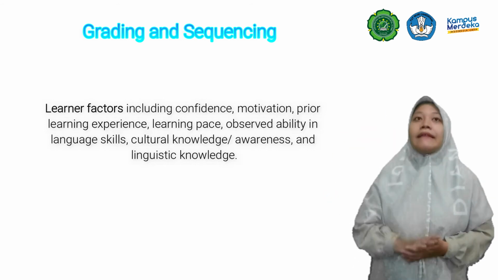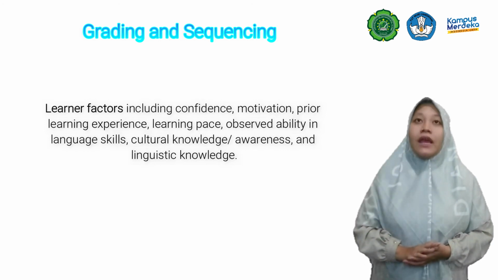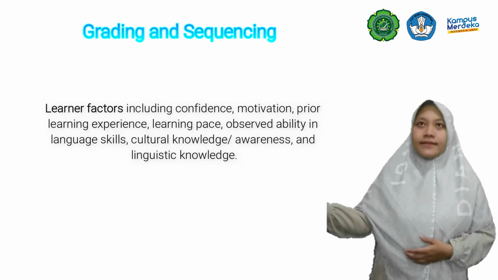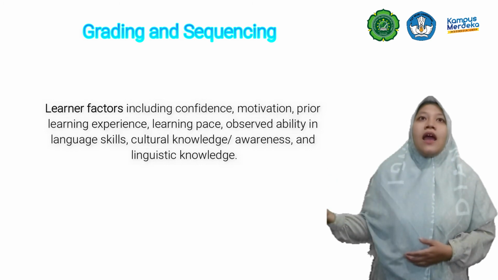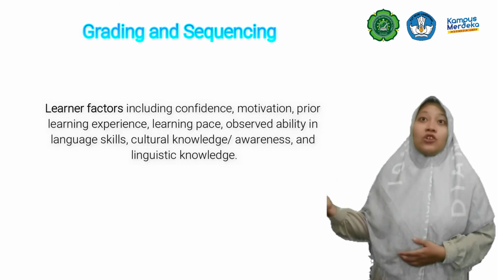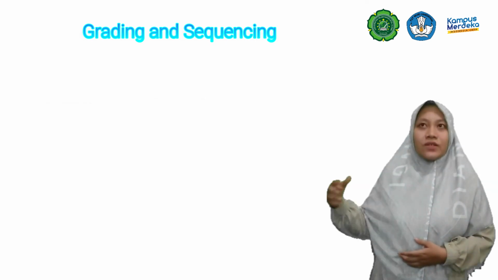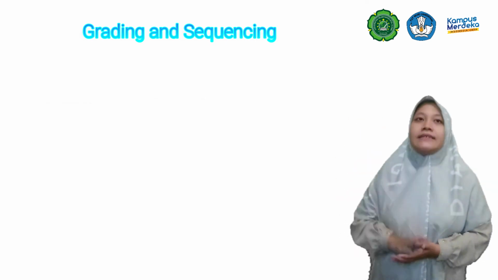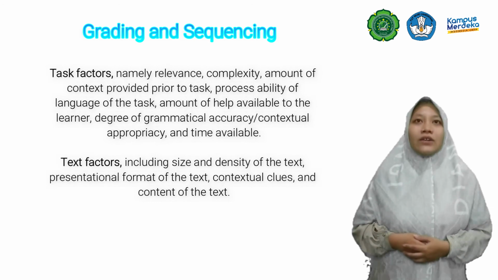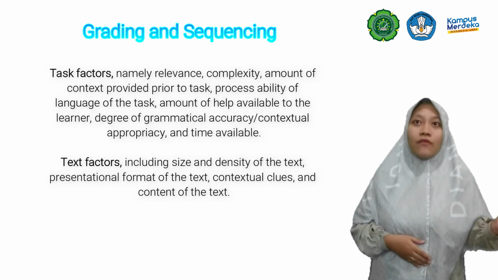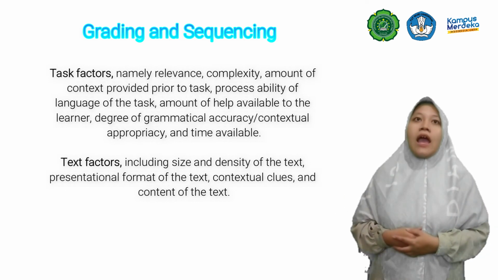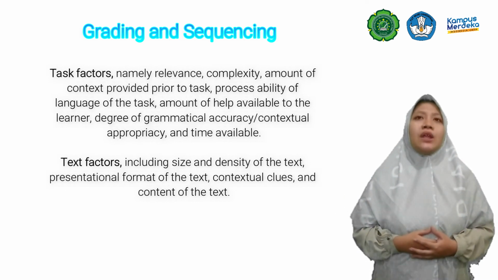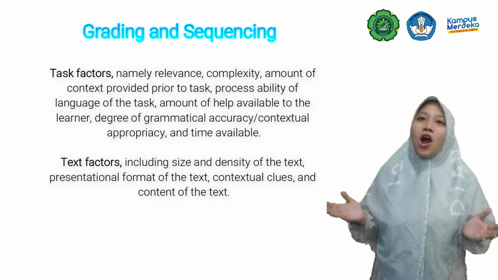And then the second, task factors, namely relevance, complexity, amount of context provided prior to task, and processability of language of the task, and so on. And the third is text factors, including size and density of the text, presentational format of the text, contextual clues, and also content of the text.